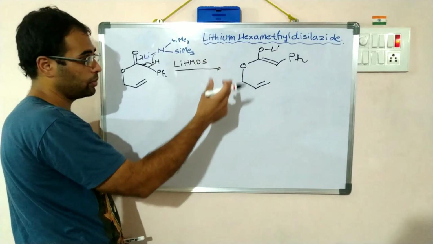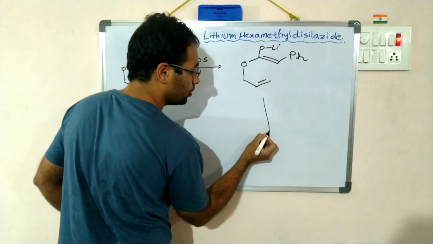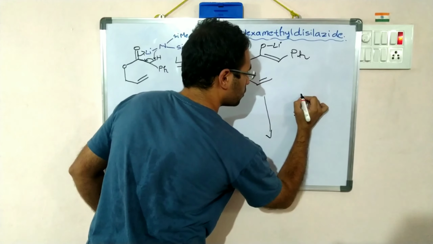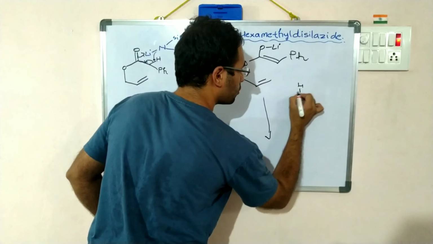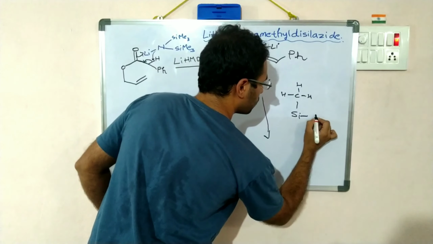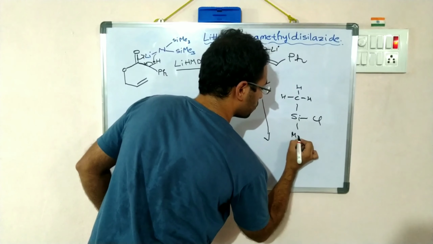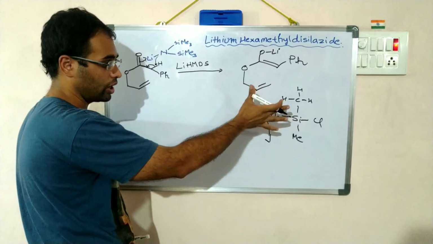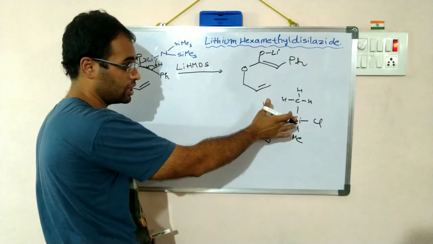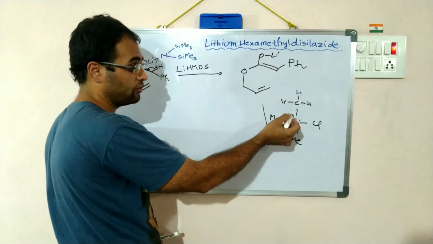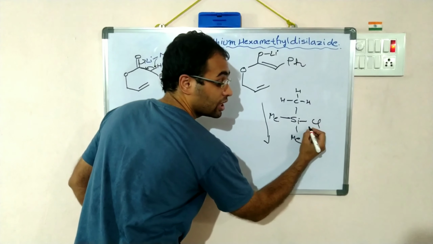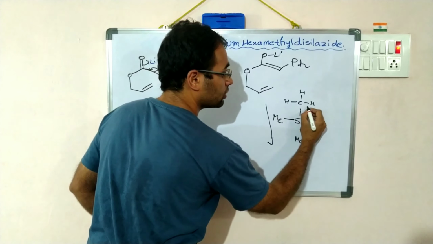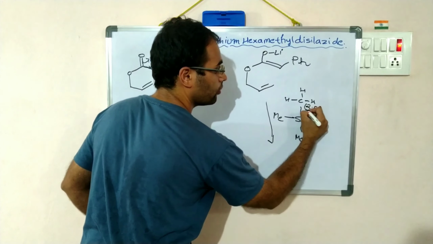In the very next step, this substrate is reacted with trimethyl silyl chloride. The peculiar reactivity of this is that there is an electronegativity difference between silicon and carbon, where silicon's electronegativity is 1.8 and carbon's electronegativity is 2.5.